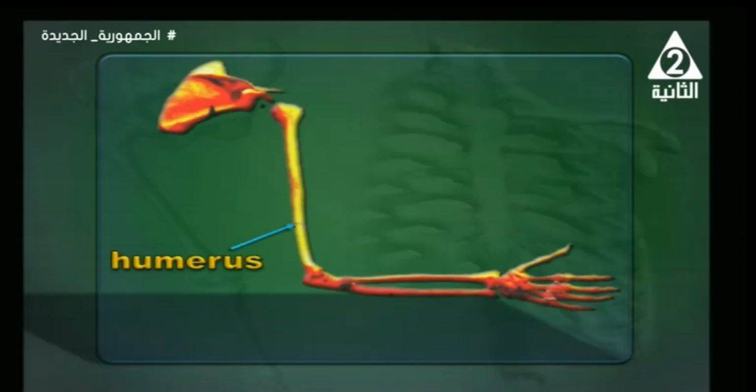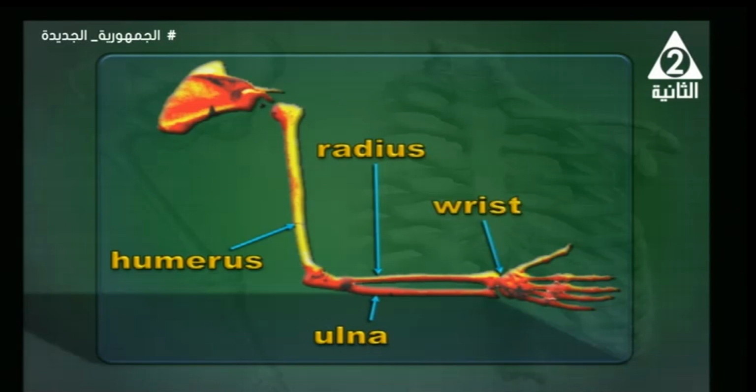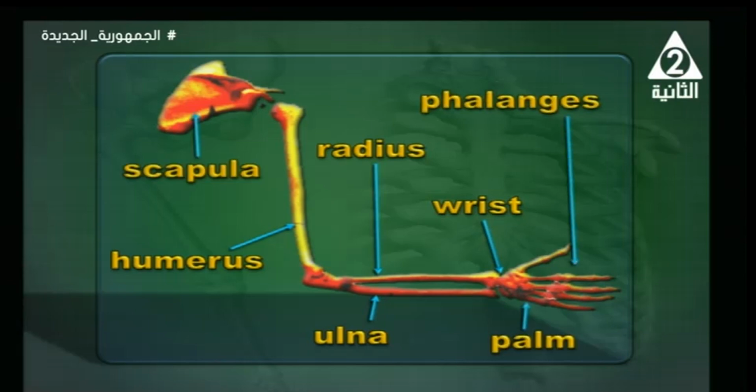Finally, the hand palm, this is 5 bones, and end with phalanges, which consist of 3 phalanges in each finger, except the thumb, which consists of 2 phalanges. So the total number of bones inside your upper limb: 1 and 2, 3, plus 8 will be 11, plus 5 will be 16, and 14 phalanges, so the total will be 30.